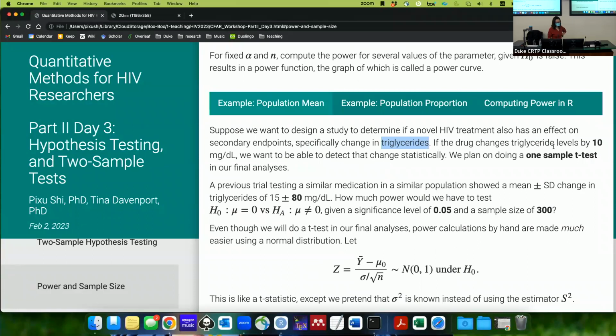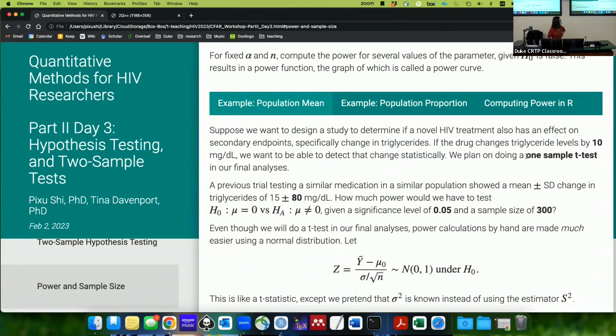If the triglyceride level is changed by 10 units, we want to be able to test this statistically. If it's smaller, we may not be able to test it, but as long as the effect size is larger than 10 units, we would want to have the sample size, the power, to detect it.